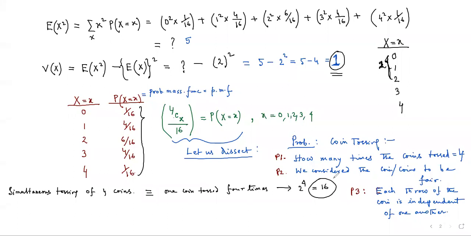So by keeping in mind this condition, say we have a coin, one of the faces is H and its other face is tail.